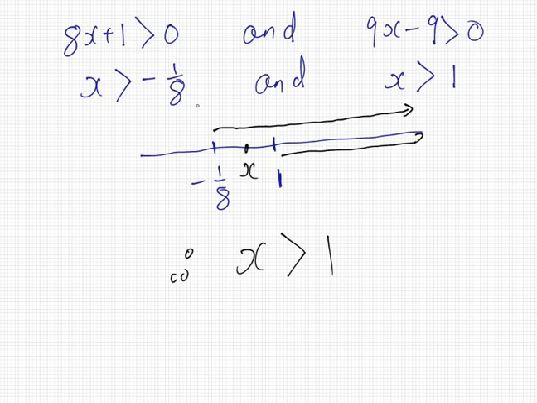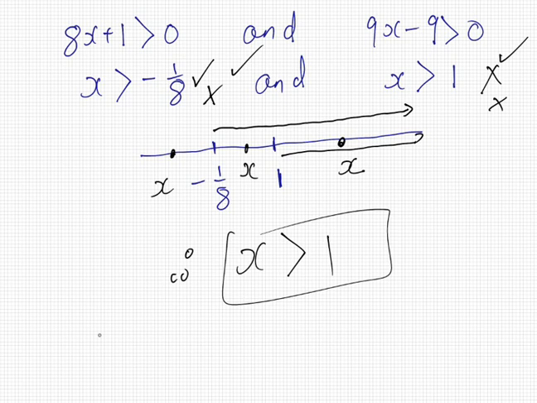Because if you use x in that gap, for example, if x was here, then this is true, but then this one here is false. If x is here, then this is false, and this is false. But if x is here, it's on both. It's true and true. So, Ali, for question 6b, you would only choose the answers bigger than 1.